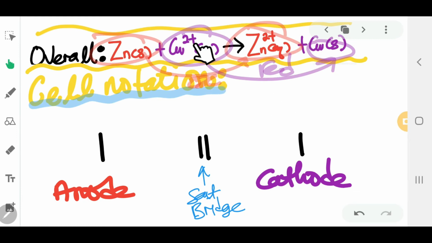So copper 2+ is reduced into copper solid. So you're going to write this down here. What you're going to have there is the aqueous, and the solid right there.